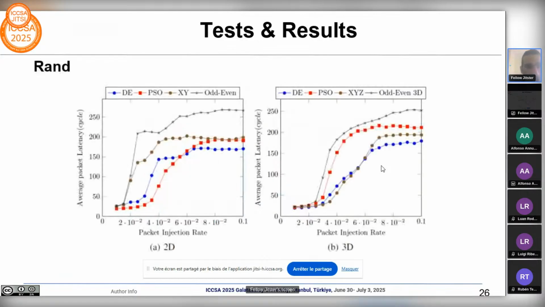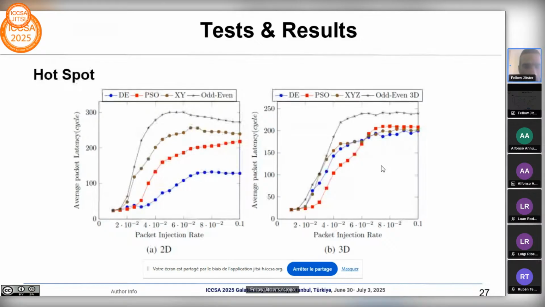Here are the results obtained in random in 2D and 3D, and we remark that the average packet latency obtained by our algorithm, differential evolution, is better than PSO, XY and odd even.